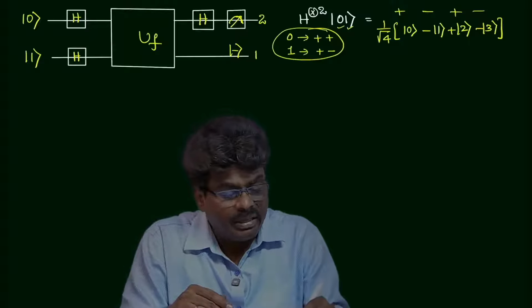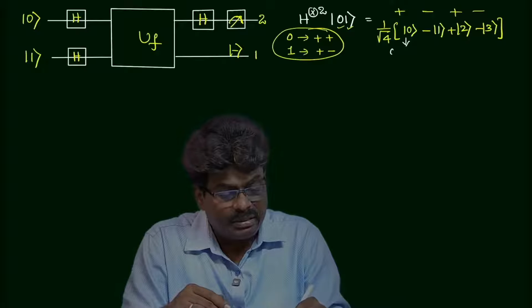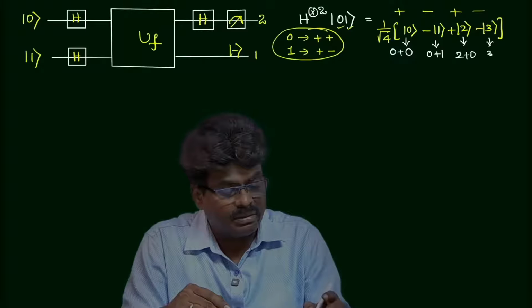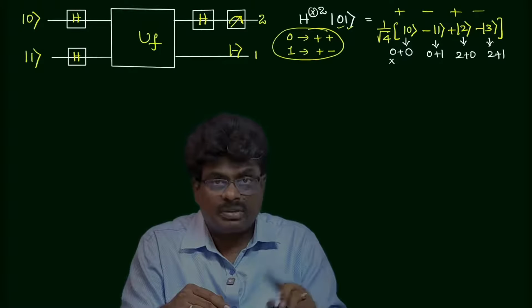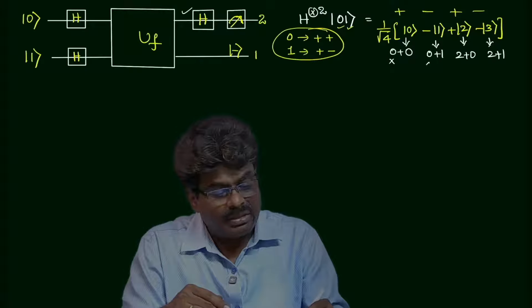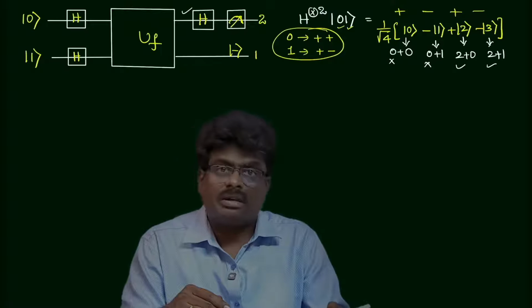Now see carefully, how you got this 0 here: this is 0 plus 0, 1 is 0 plus 1, 2 is 2 plus 0, 3 is 2 plus 1. That means here, first one I'm talking about the control, this one is off, and here also off, but for 2 it is on, for 3 it is on.